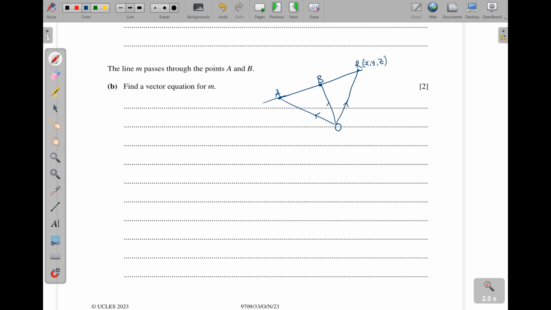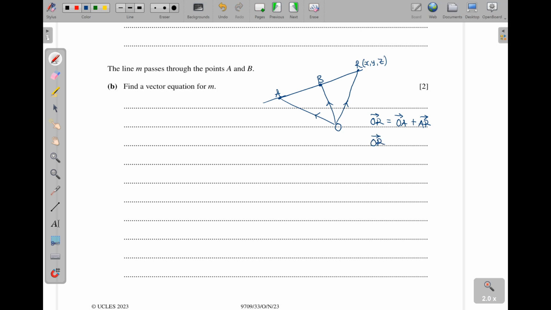So in other words, you are supposed to get this OR. That OR is going to be equal to OA, plus AR. But since you don't know AR, here it is parallel to AB. And parallel vectors are said to be so if they are scalar multiples of each other.